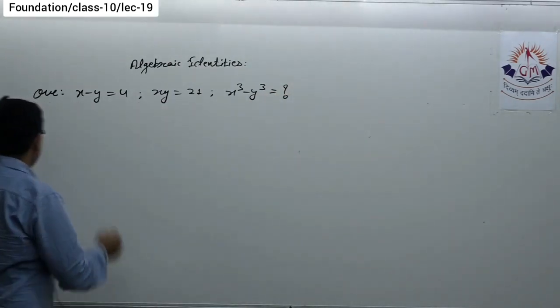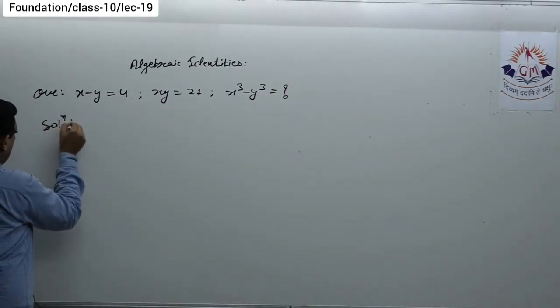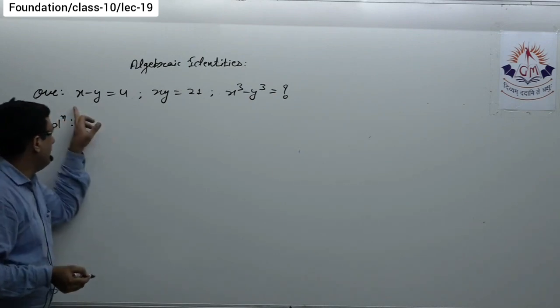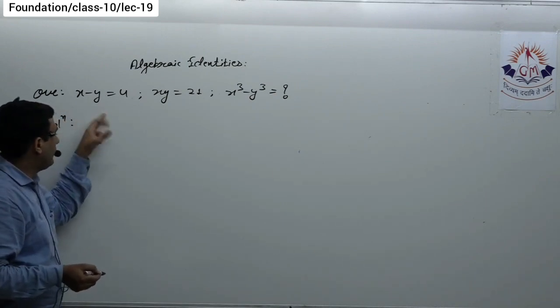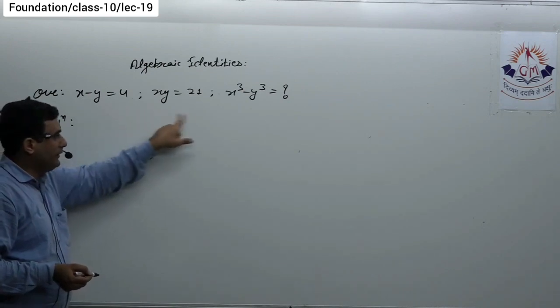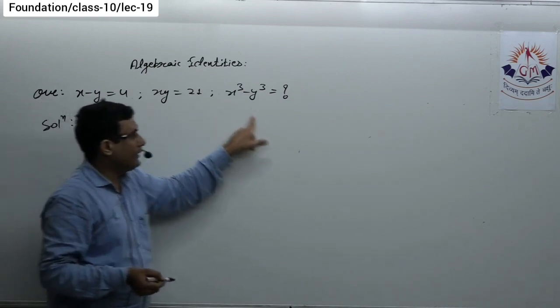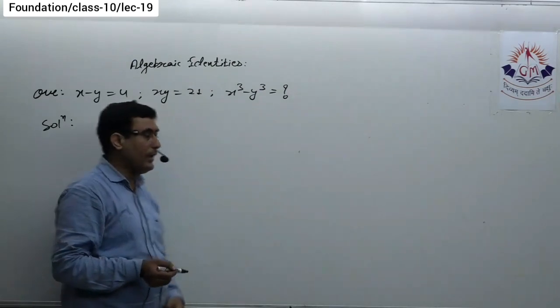Okay, so again it's very easy. Clearly we can see if I take x equal to 7, y equal to 3, so 7 minus 3 is 4, 7 into 3 is 21. So here I can write 7 cube minus 3 cube, that gives me my answer.